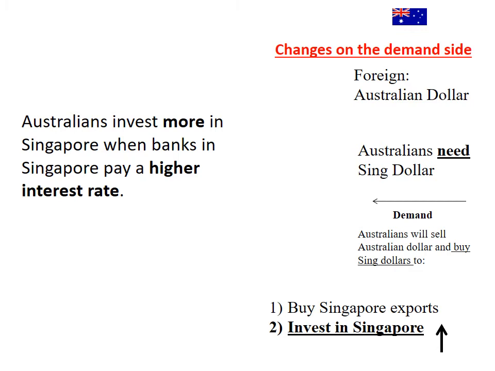All right. Now, so if the Singapore side gives an attractive interest rate higher than Australia, Australians will want to move more of their cash into Singapore. Okay, so motivation number 2 will become intensified. All right, because they want to move their money to Singapore, so they need more Sing dollar. So they will sell more of the Australian dollar and buy more Sing dollar.